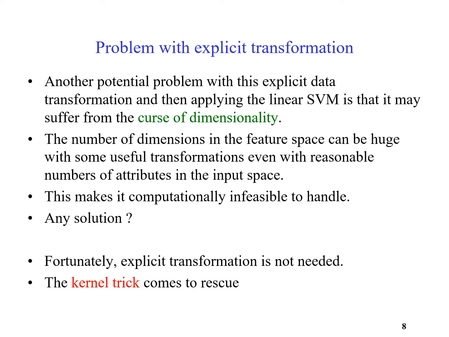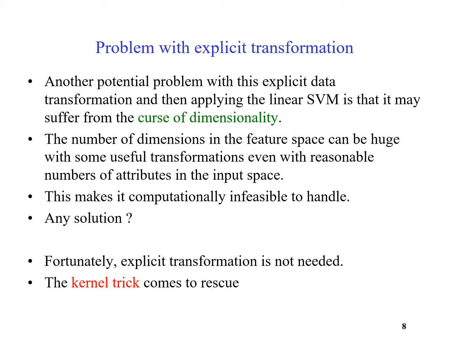If the number of attributes is maybe 100, then the number of data you need is 10 to the power of 100. I think that number is definitely bigger than the number of molecules in the entire universe. So that's the curse of dimensionality.